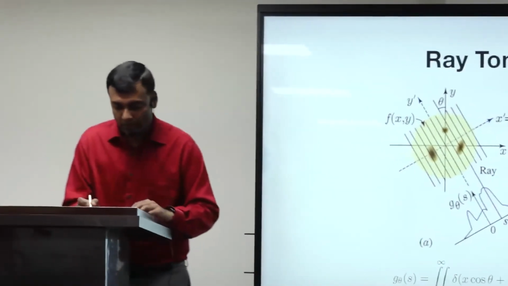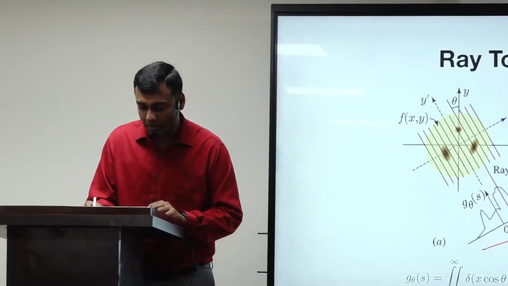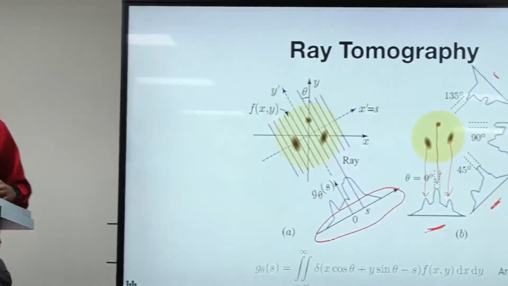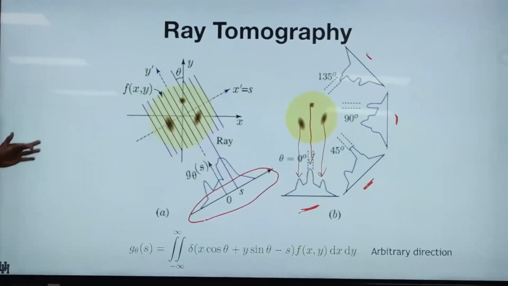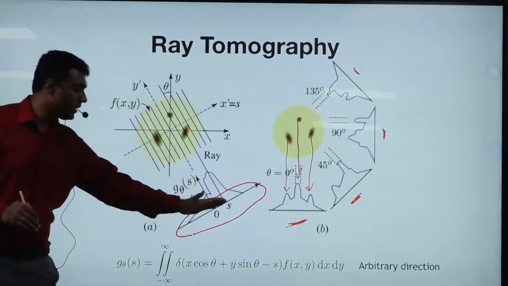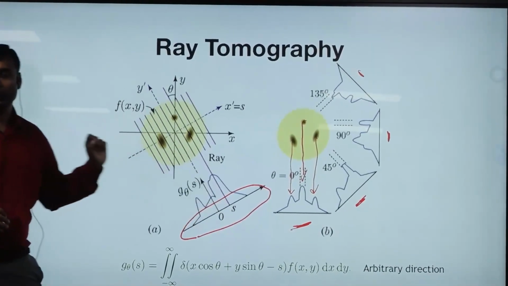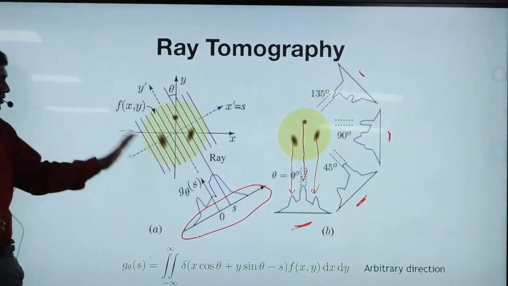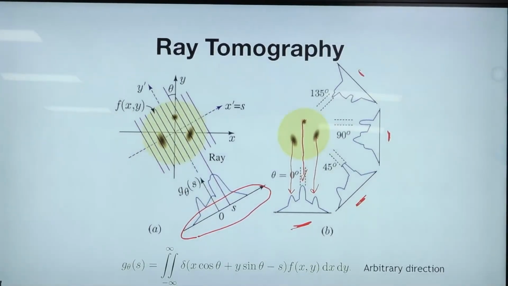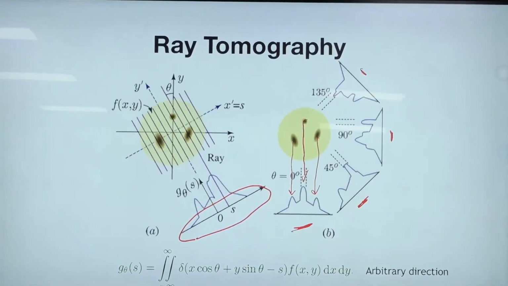So what is the equation for the data at any given angle? How do you relate the object to the data you expect to measure? So the equation is as follows. It looks long, but it's fairly simple.